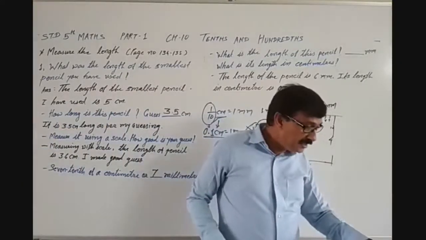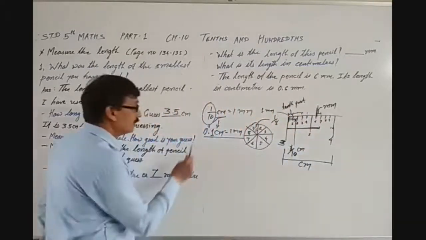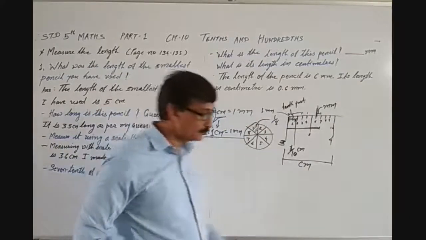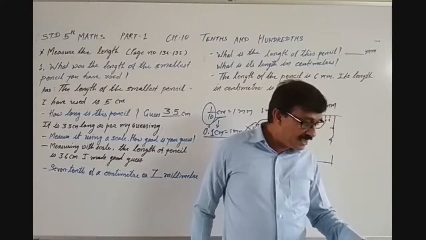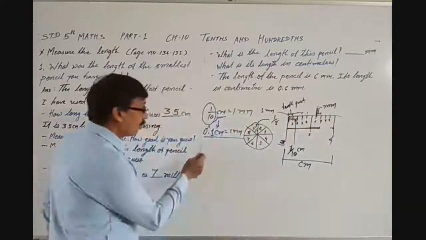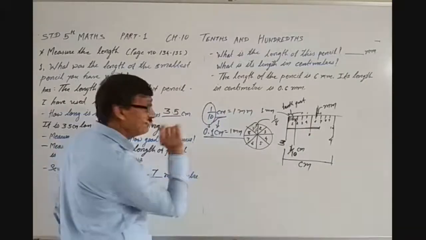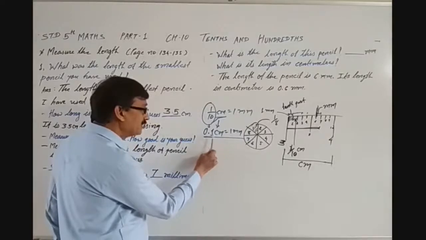We read it as 0.1 centimeter. So 1 millimeter is the same as 0.1 centimeter.